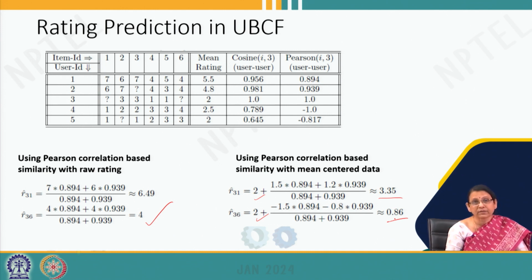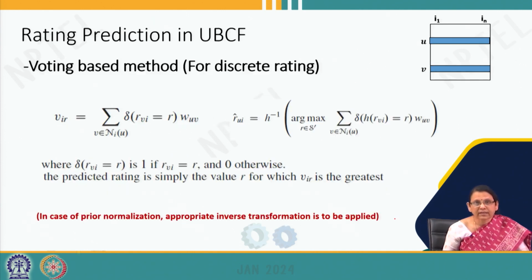It was an ordinal scale. The ratings were given values between 1 to 7. People were giving ratings between 1 to 7. Now, you are supposed to put them in exactly this scale. In that case, voting is a very good option.